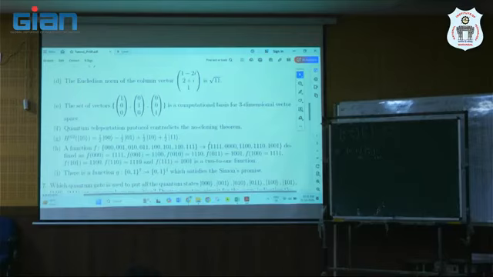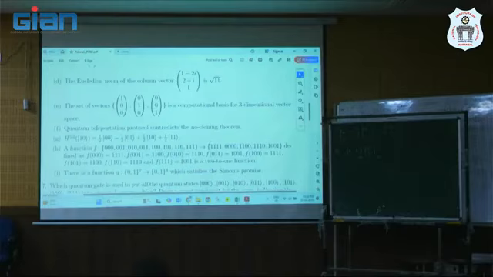What does a computational basis for a 3-dimensional vector space mean?